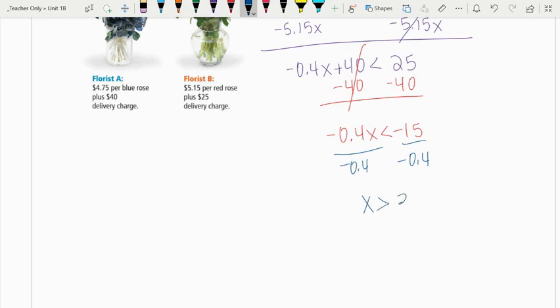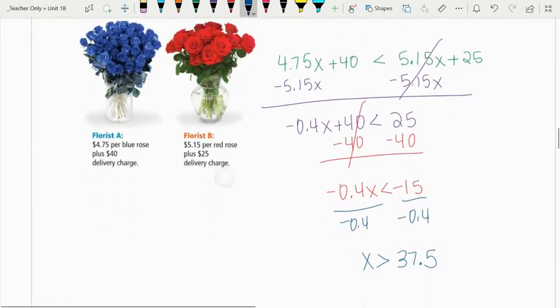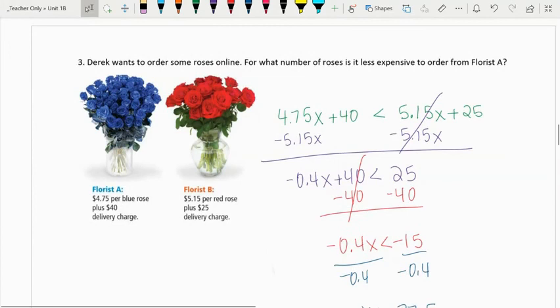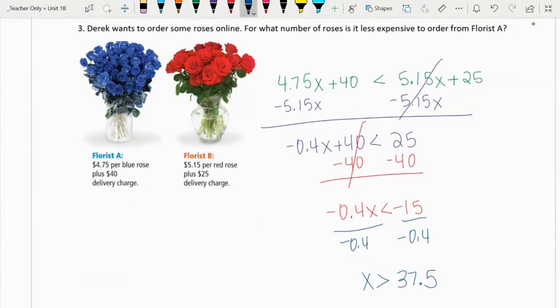And if we do that, we get 37.5. So this means after 37.5 roses, it becomes the better order. So that means that at 38 roses, it is the better order, because you're never going to get half a rose.